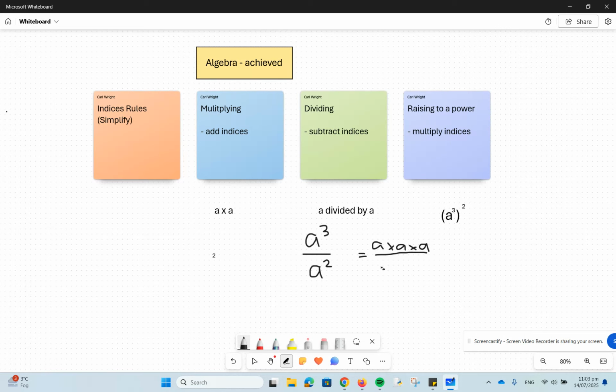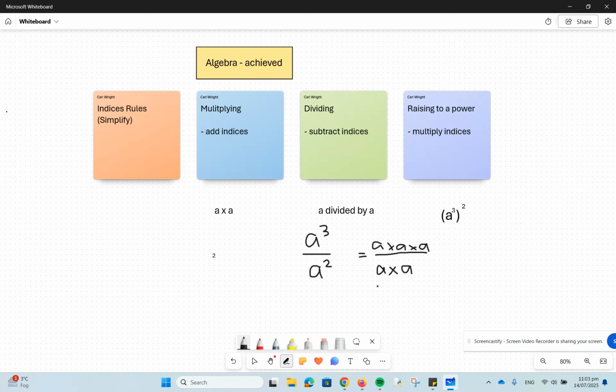But I'm trying to explain it a little bit easier so it fully makes sense. So this is how I could have written this question here. A to the power of 3 is the same as multiplying the a 3 times. A to the power of 2 is the same as multiplying a twice.